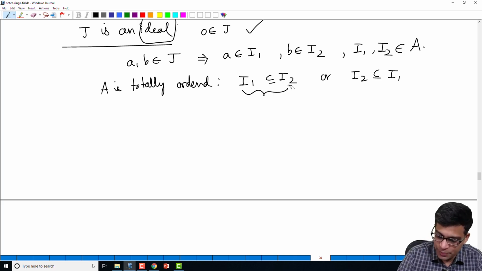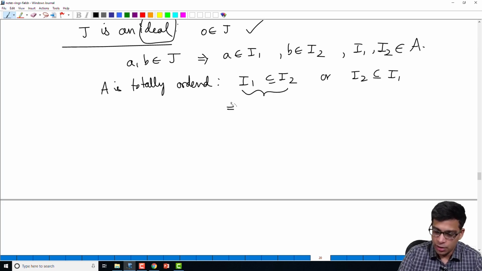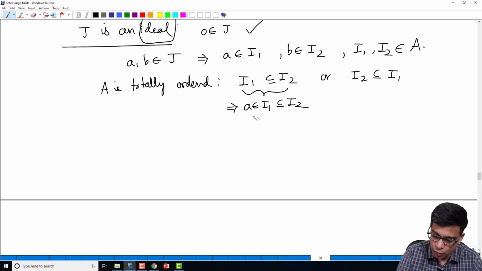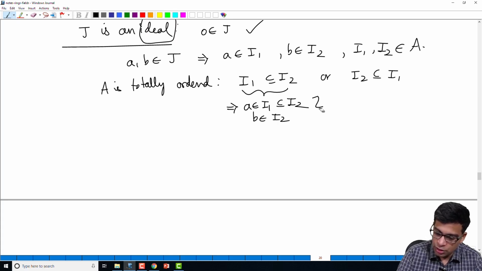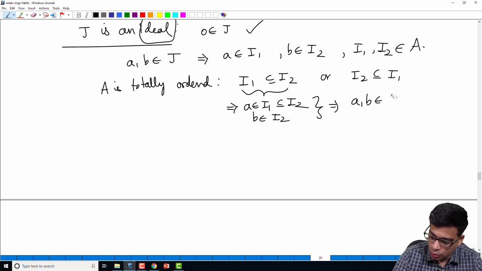So suppose this happens without loss of generality. Then A belongs to I1 which is contained in I2, and B belongs to I2. That means A and B belong to I2, but I2 is an ideal. That means A plus B is in I2.